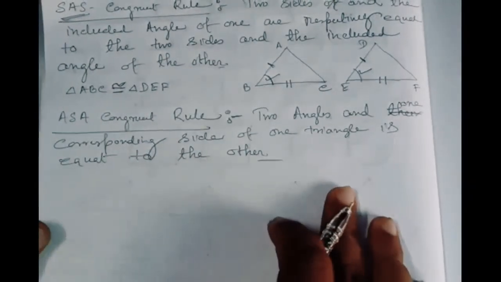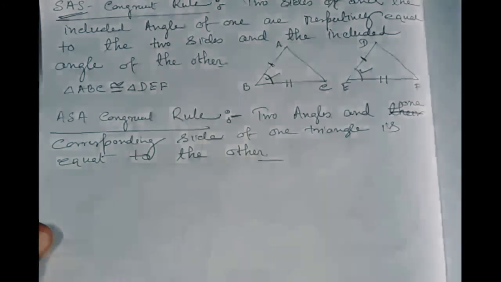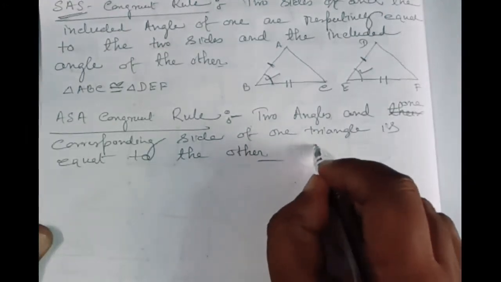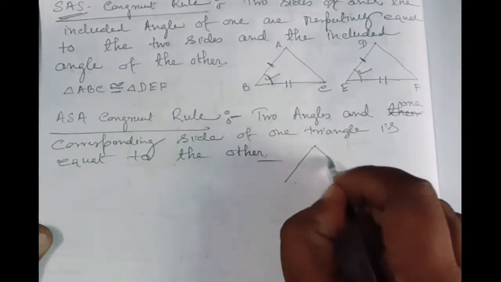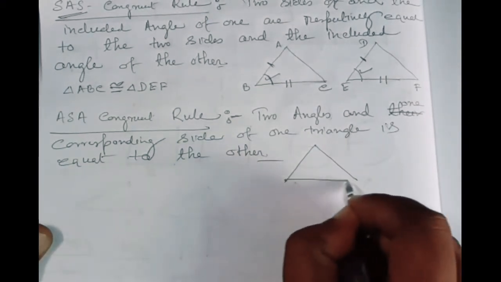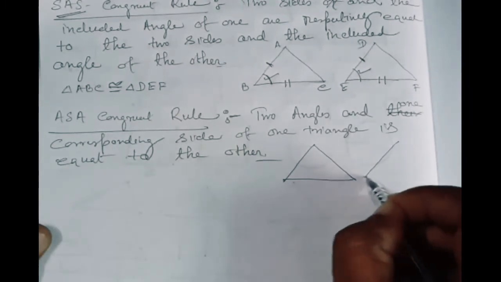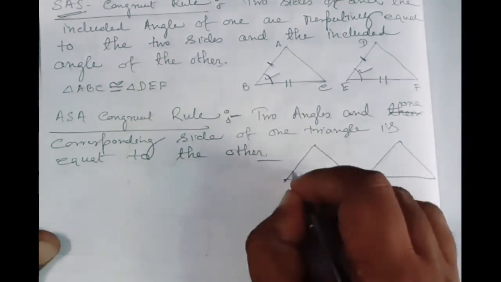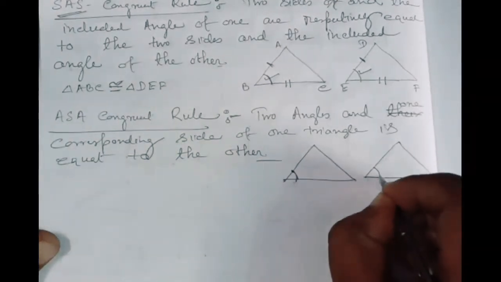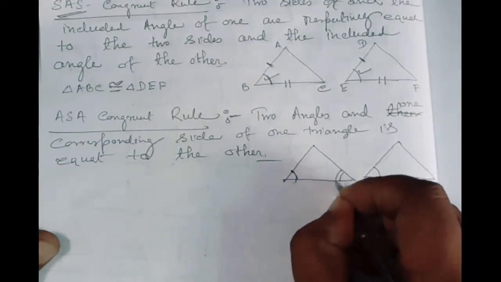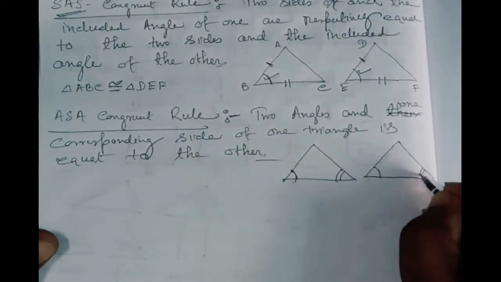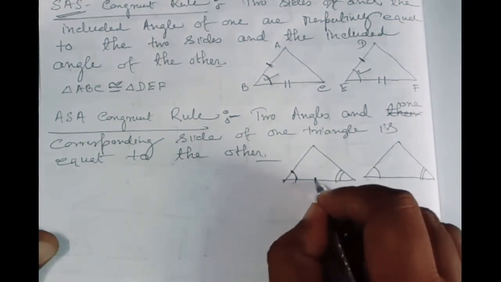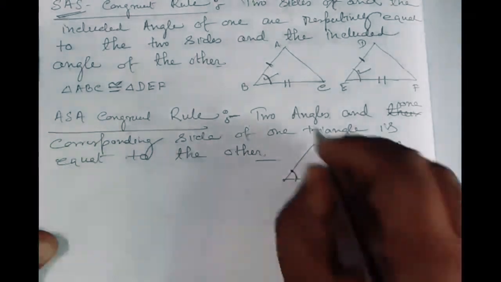Okay. So, what should the figure be? Suppose we are drawing one figure, this figure and this figure. Here this angle is equal to this angle and this angle is equal to this angle, and this side, the included side, is equal to this side.